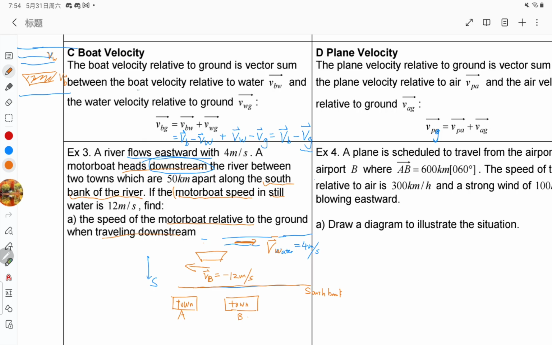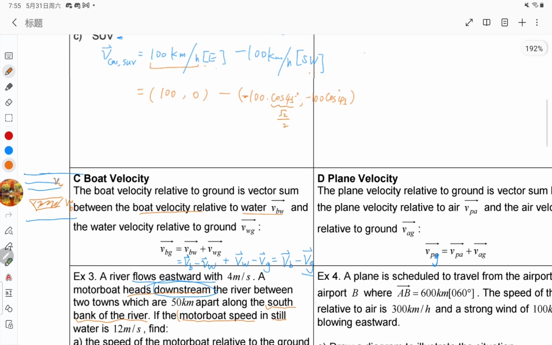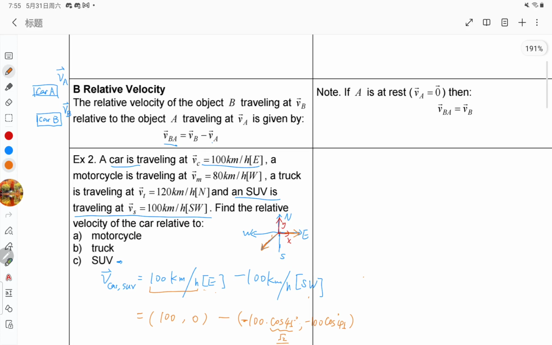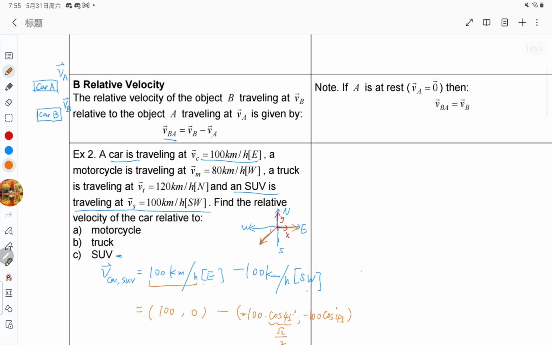So boat speed velocity relative to the water means, right? So maybe I should take back off the definition, because the relative velocity of an object BA is VB minus VA, right? It's VB minus VA.